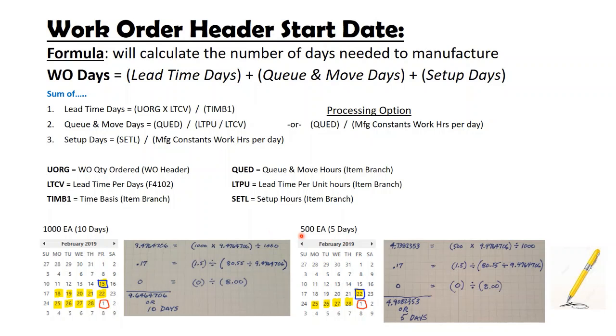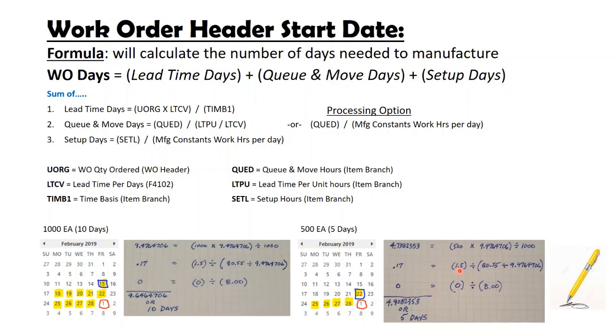Where when I cut a work order for 500 due on the same day, March 1st, I got to figure the lead time days. 500 times the lead time per unit days divided by the time basis code. That gets me 4.73 hours.